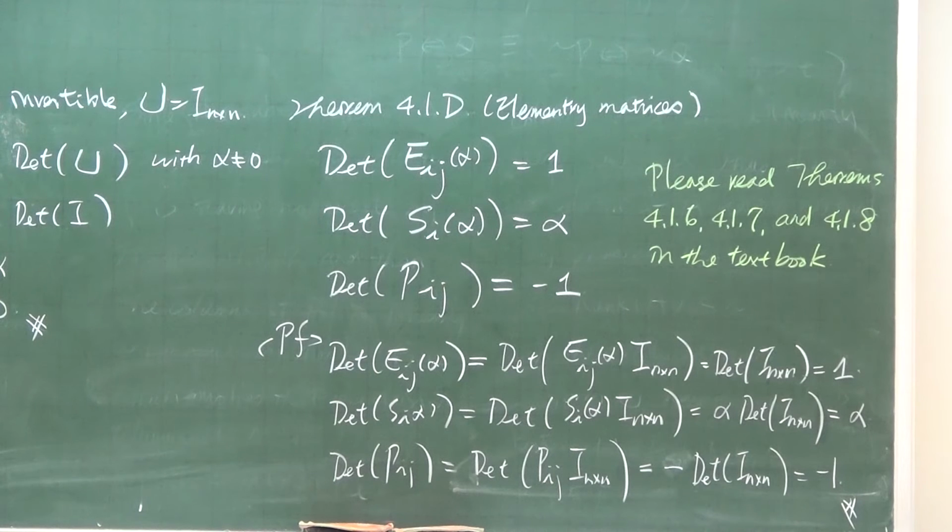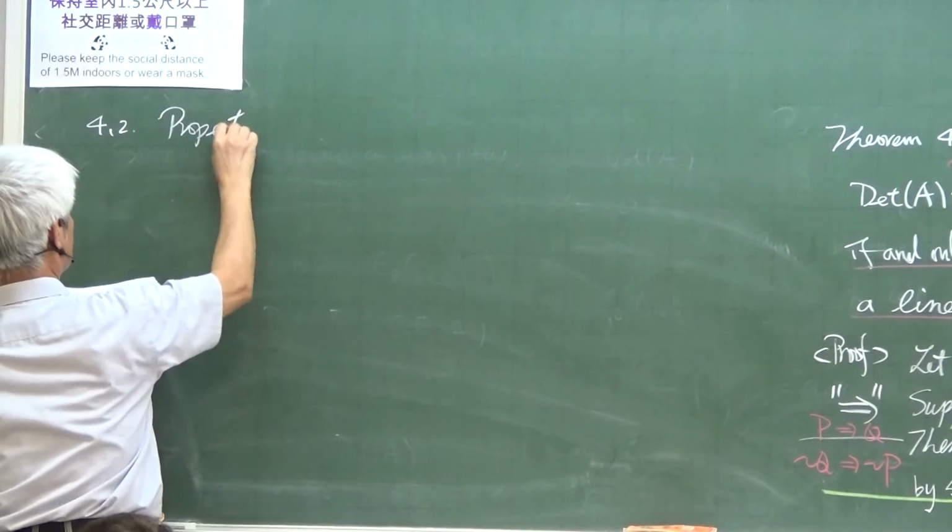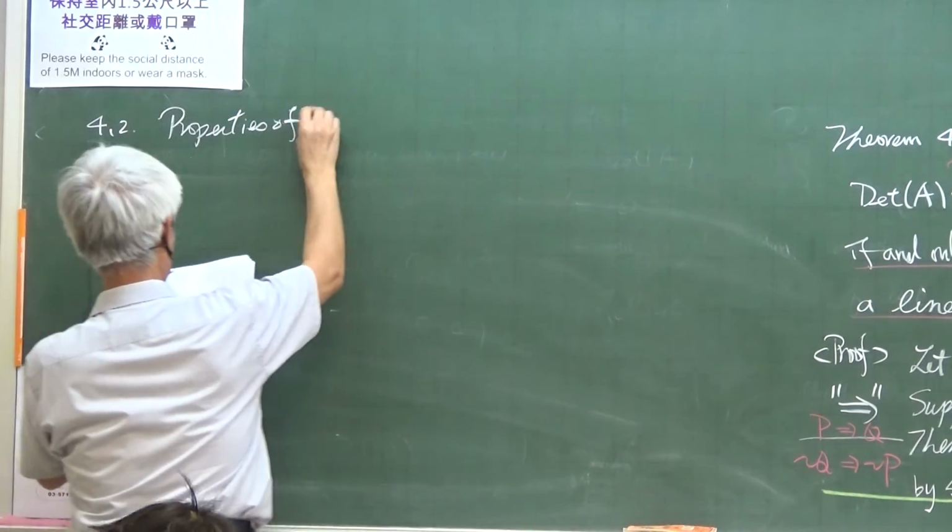For example, we spent a lot of time proving that the determinant of a triangular matrix is just the product of its diagonal entries. But everything was done just by doing row operations, right? And so the next section, 4.2, is about further properties of the determinant.